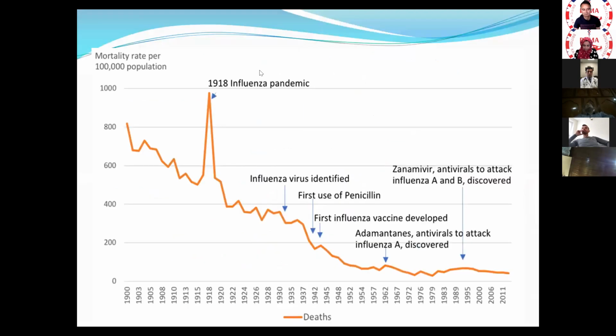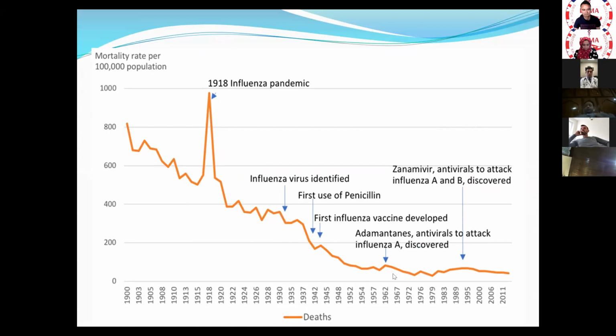So if we try to learn from the 1919 pandemic, influenza was there before 1919 also, and then there was a spike during this time, 1918 and 1919, and the cases drastically came down after some time. This is the normal dynamics of a virus. So it settled down with a case fatality of 1,000 per 100,000 population down to around 200. And then came the influenza vaccine, and then came the antivirals.